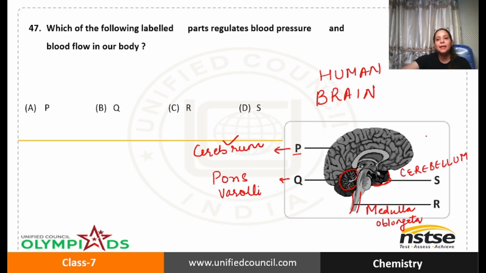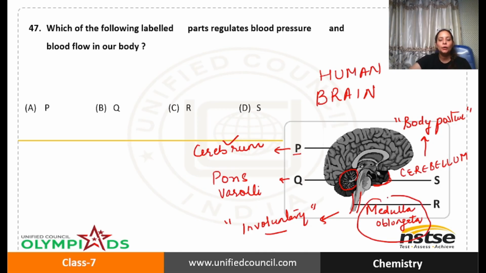Talking about the cerebellum, it is concerned with maintaining body posture. The medulla oblongata controls all those activities which do not occur because of our will. That means those which are involuntary, like breathing, heart rate, blood pressure, blood flow, vomiting, and coughing. These are all controlled by the medulla oblongata.